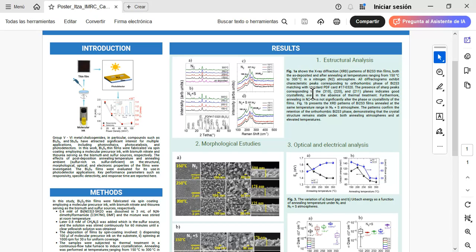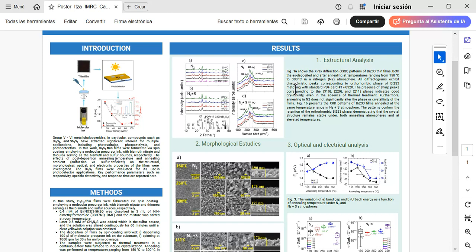The band at 263 centimeters inverse is associated with the longitudinal vibrational mode B1g, also related to the bismuth-sulfur framework vibrations.